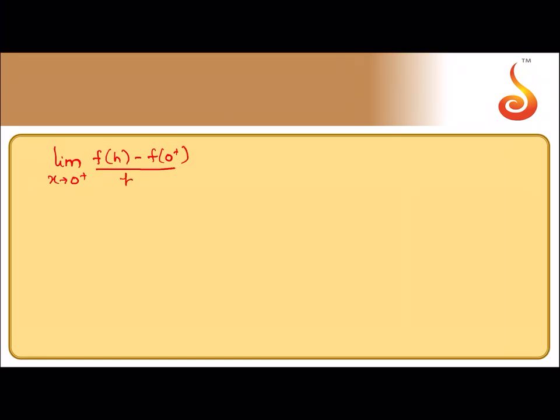So the question is like this. I'll write this one, rearrange it. So limit x tending to 0 plus, we take as basic definition, f of h minus f of 0 plus by h, the basic definition of first derivative.